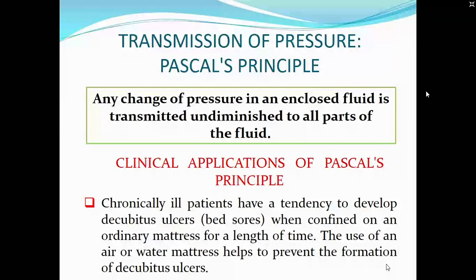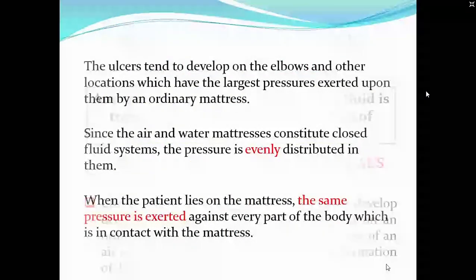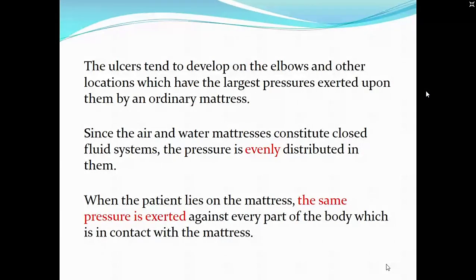Why? Because, as given in the next slide, ulcers are produced as a result of bigger pressure exerted on parts of the body which have the smallest contact with the mattress, such as elbows, the back, other locations.